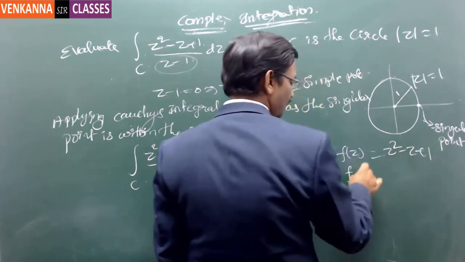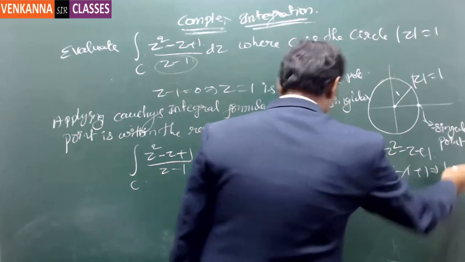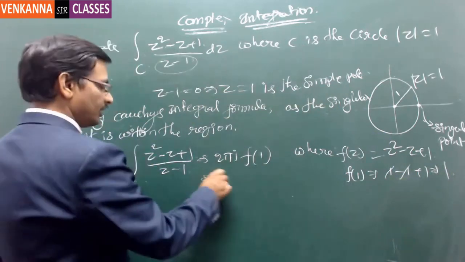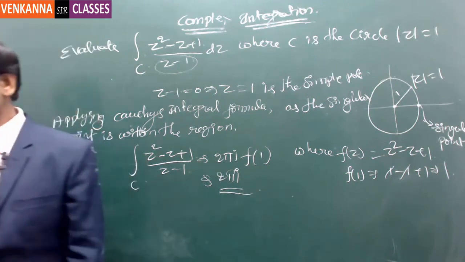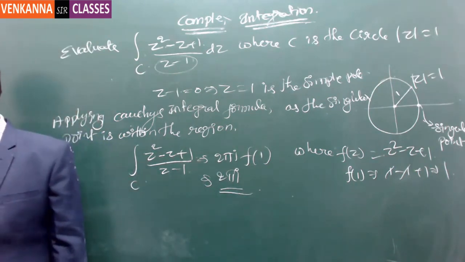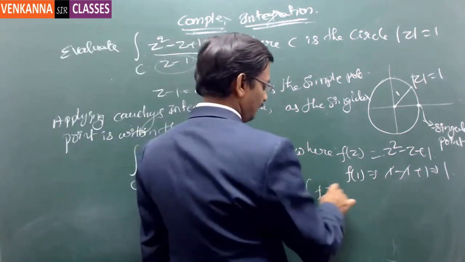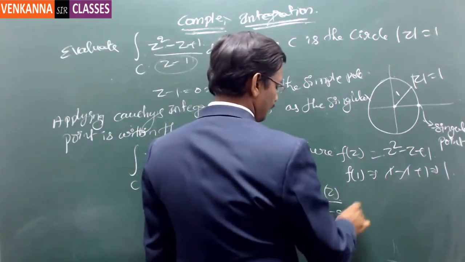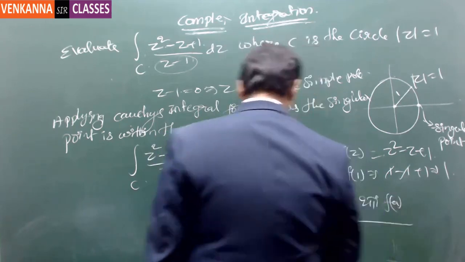Now f of 1 is nothing but 1 minus 1 plus 1, this is 1. So this value is coming out to be 2 pi i. This is the integral value. So you can state the integral of f of z by z minus a is equal to 2 pi i times f of a.